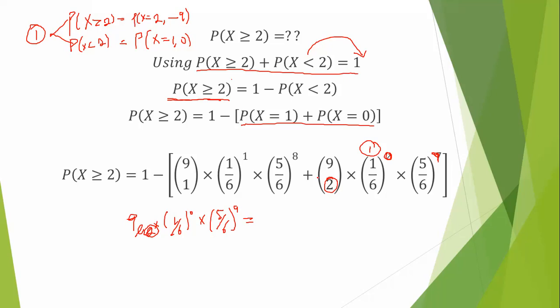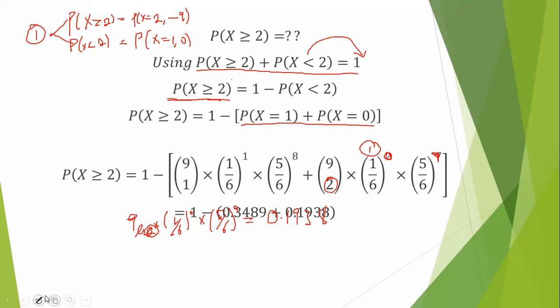1 times 5 over 6 to the power 9. The answer is 0.1938. Let me check whether it was the one that I had.